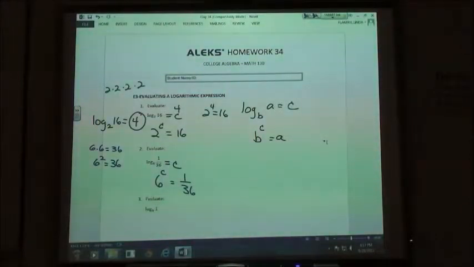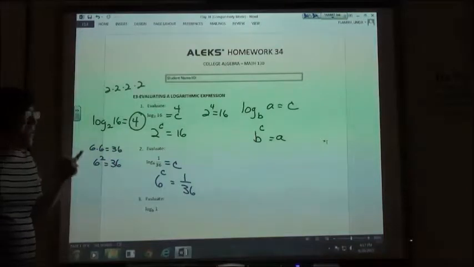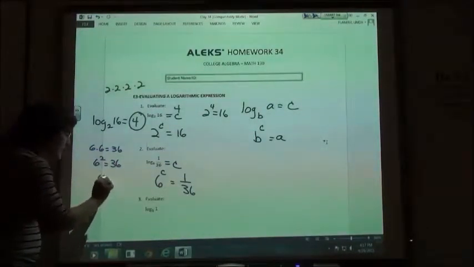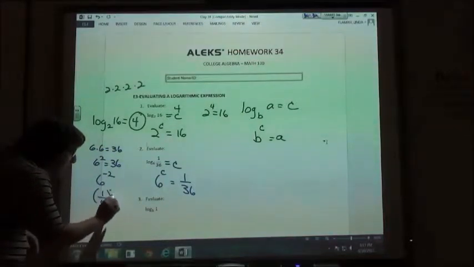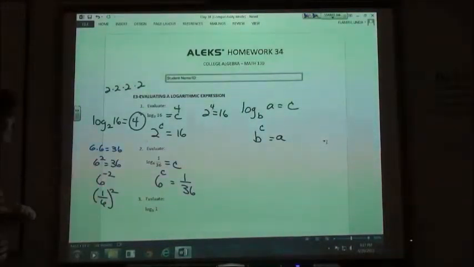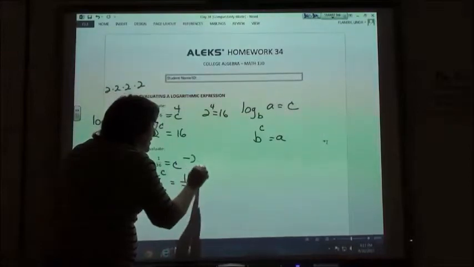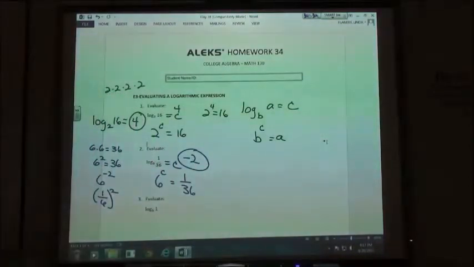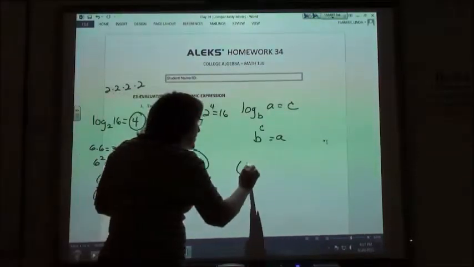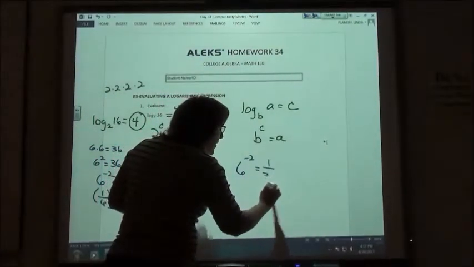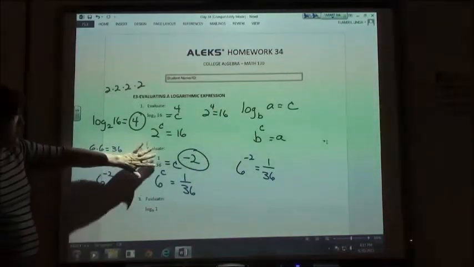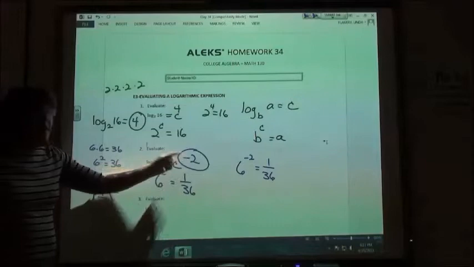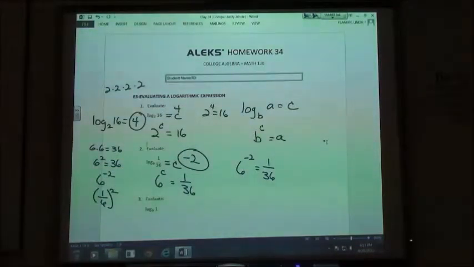Hopefully I realize that I have to have a negative exponent. 6 to the negative 2 means I do 1/6 squared, which is 1/36. So in this case, the log base 6 of 1/36 is going to be -2, because 6 to the negative 2 power is 1/36. So whenever you need to do the reciprocal, it means your exponent has to be negative.